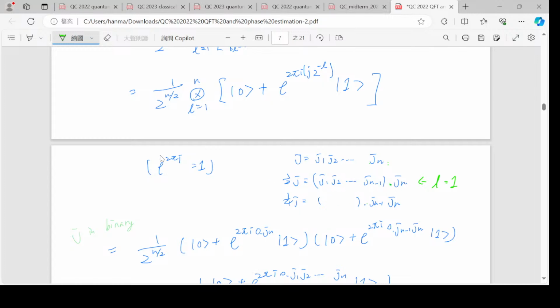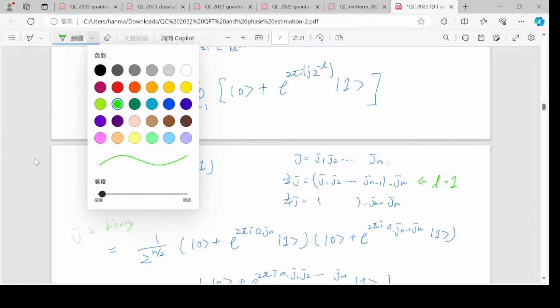But the integer part doesn't do anything, because e to the 2 pi i equal to 1. So e to the 2 pi i times any integer is still equal to 1. The integer part just does nothing. So for this L equal to 1 term, the only thing that matters is 0.jn, and your first term becomes e to the 2 pi i 0.jn.